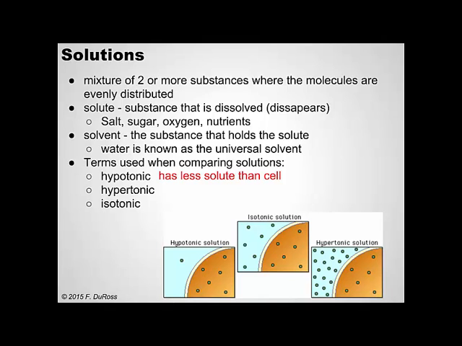Hyper means more. It means there's more solute than the cell. So here in this far right, we have a hypertonic solution, in that there's much more solute outside than there is inside the cell. It's hypertonic.